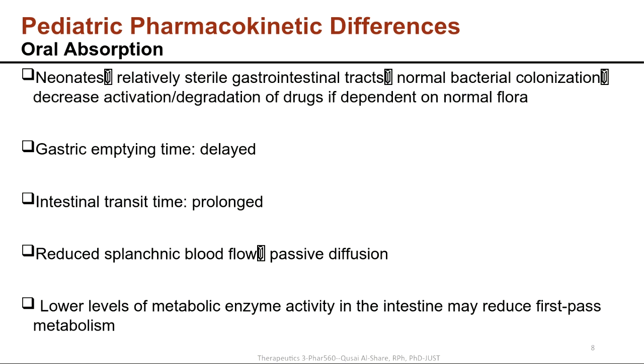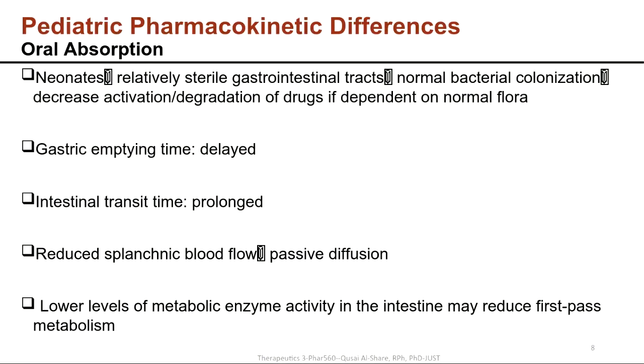So if certain drugs depend on passive diffusion processes, that will be impacted, and you would expect a lower absorption of that drug. So there is no general rule. It depends on the physicochemical properties of the drug and how the body of the pediatric patient will handle that.